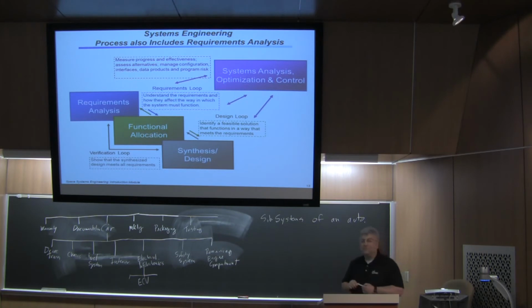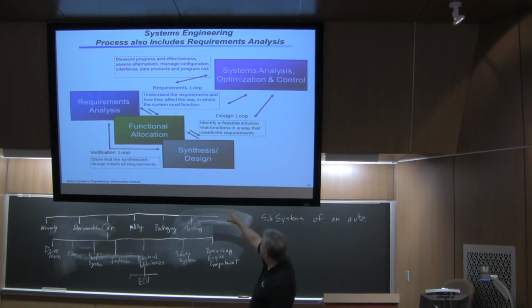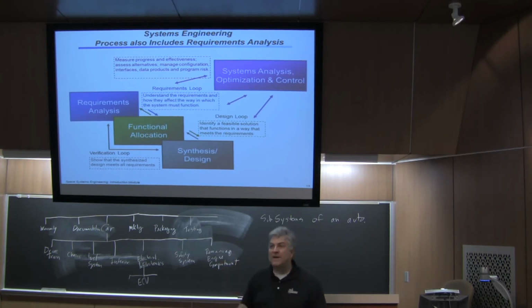One of the first aspects of a project is going to be requirements. So let's take a look at requirement analysis, function allocation, and synthesis and design. You have seen requirements for our lab exercises, right? How many requirements were there for our little robotic system? Do you remember? Just 4? Wow.